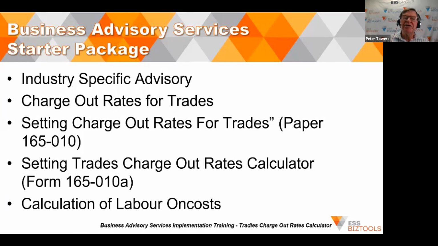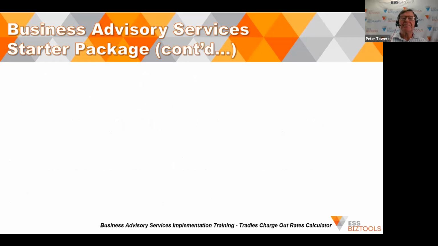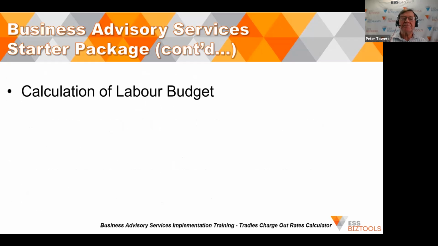The key components within this package are, first of all, calculating the labour on costs, because they can vary, and that's been divided into permanent staff, full-time, part-time, permanent, and casual staff to make it easier to set up the labour on cost rates.